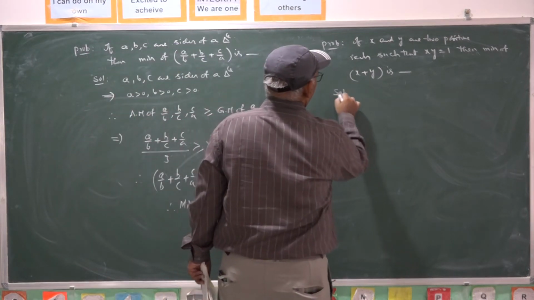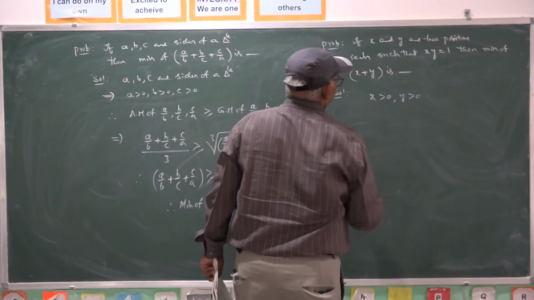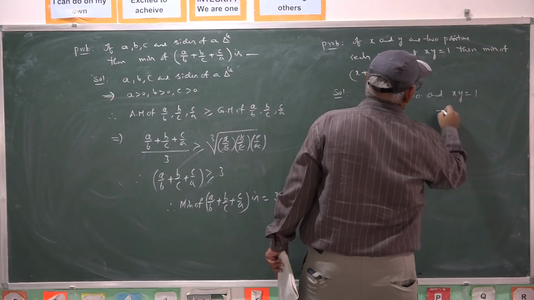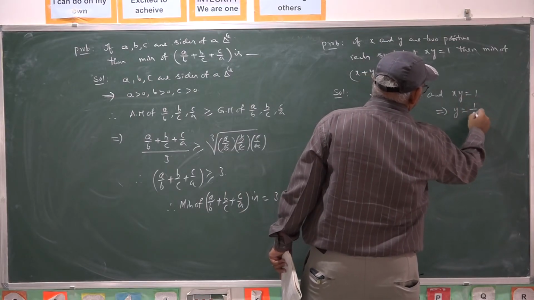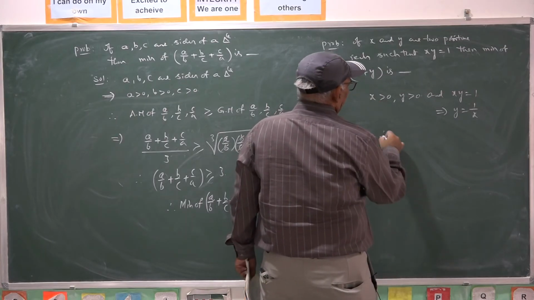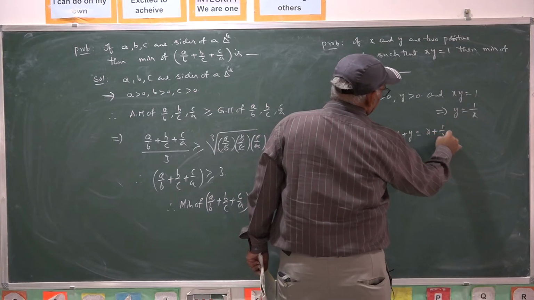So here x is positive and y is positive, and xy equal to 1 implies y equal to 1 by x. Y is the reciprocal of x itself. Therefore, x plus y is x plus 1 by x.